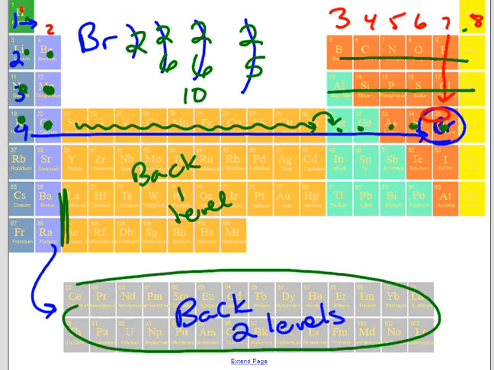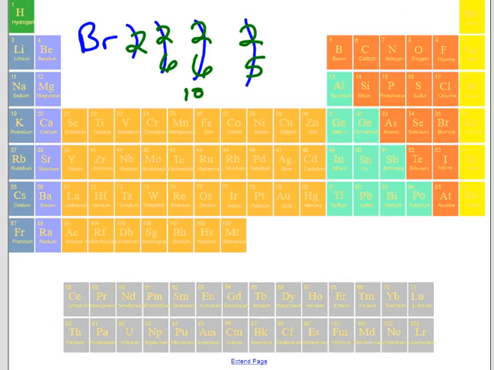Let's try doing the electron configuration for bromine. I'm going to do this by counting the squares, and you'll see how it correlates with the Bohr diagram above. We don't need to draw a Bohr diagram first. Holding onto the periodic table and counting the numbers in order until I get to bromine: 1 and 2 are in energy level 1, which has 1 sublevel named S, and there are 2.